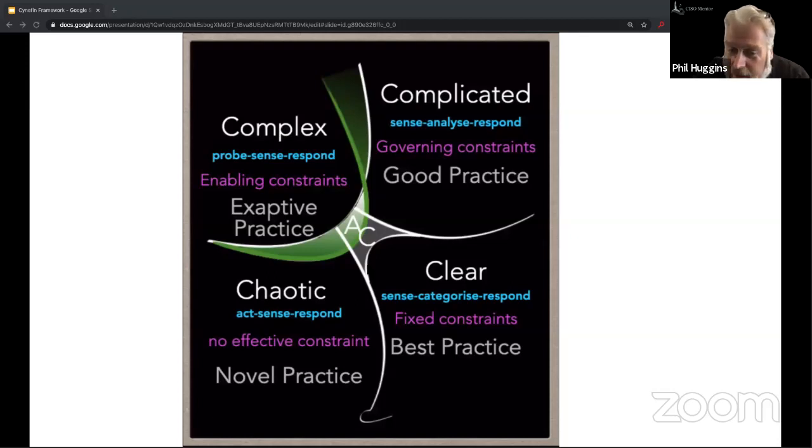The chaotic domain is very clearly where you end up in the first five minutes of any incident. In the middle of a security incident, someone turns up and tells you that everything you thought you knew about your system has just changed. And that's when you try to start locking things down. You start saying things like, let's stop data going out of that pipe, turn it off. Let's disable all the systems we don't need. Let's back off all of the changes that have just knocked us over.